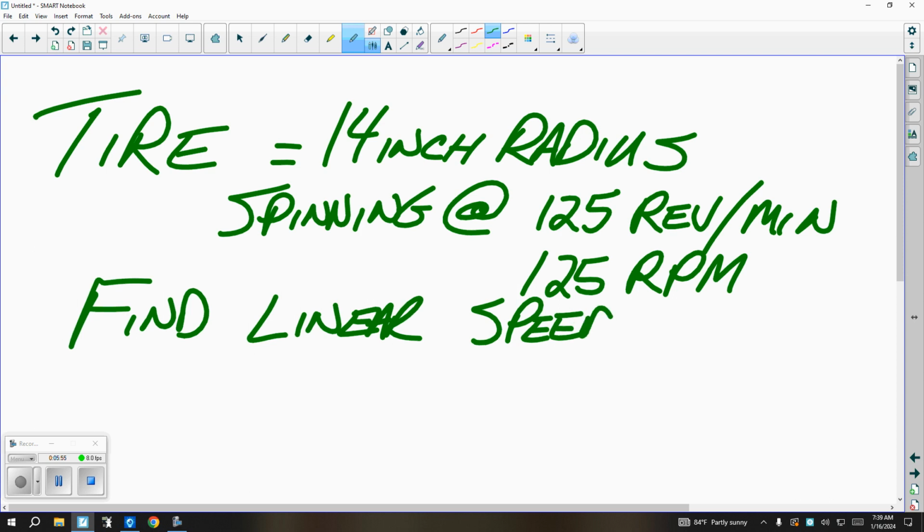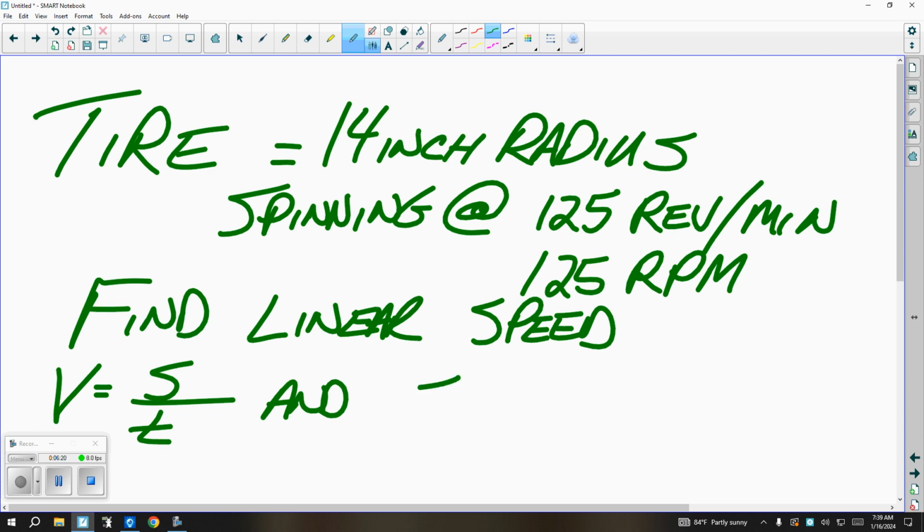Well, wait a second. We know that linear speed, V, is S over T. But we got to figure out S first. From last week, S equals 2 pi r theta. Do you remember that?